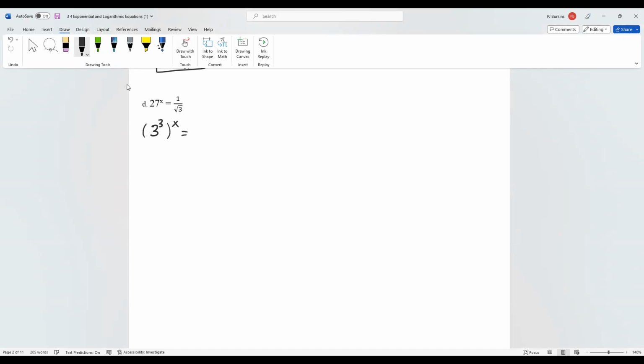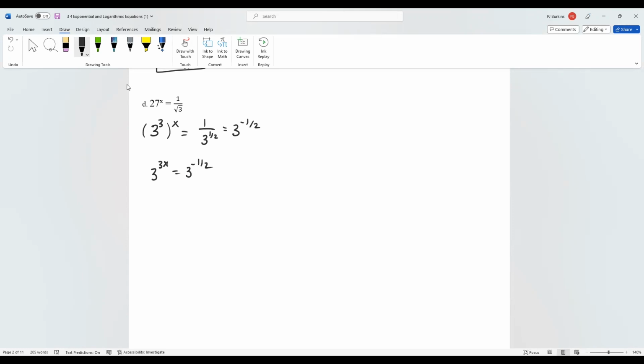And instead of square root of 3, that's the same thing as saying 3 to the 1/2 power. And if I'm dividing by that, I can put it in the numerator and then make it a negative power. Okay. So on the left-hand side, we have 3 to the 3x has to equal 3 to the minus 1/2.